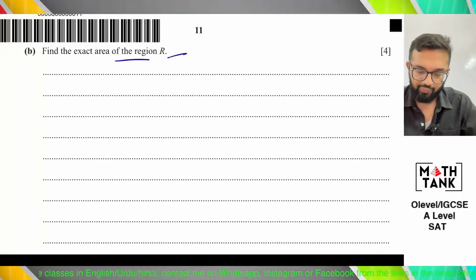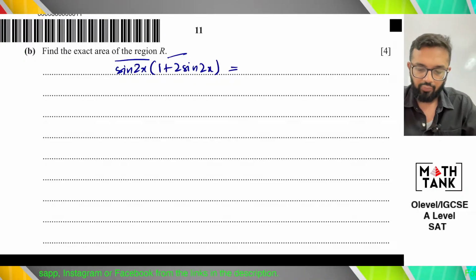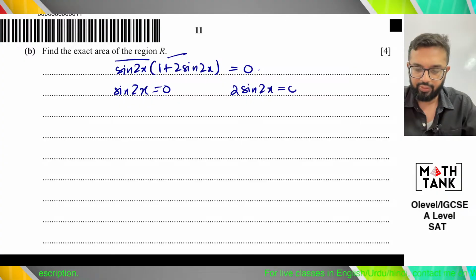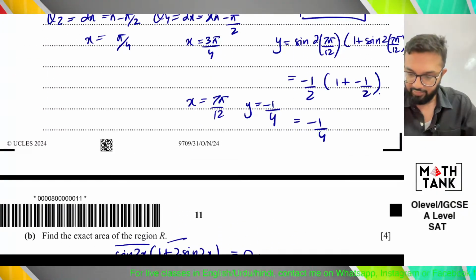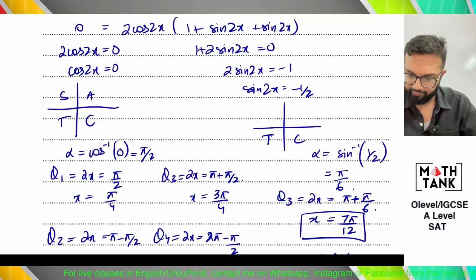One of the limits is obviously 0, but I then have to equate this to 0 to find out the other limit. So 1 plus 2 sine 2x equals to 0. Okay, I just solved for this, I think.